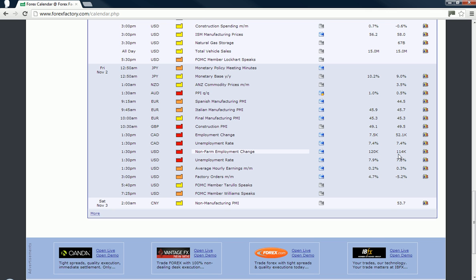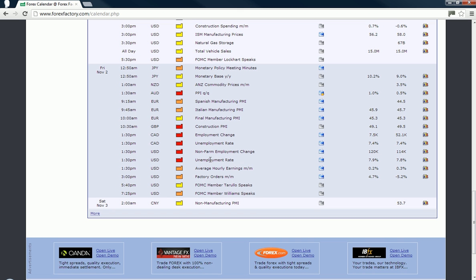And you have to remember, this is the last non-farms before the US elections, so I would expect a lot of volatility in this bit of data, because if it's a very good NFP number, then we'll expect Obama to stay in, to be honest with you. And I personally think that will be weak for markets. Markets want Romney to come in because he's more pro-business, in my opinion. So that'll be very interesting to see, as it is every month, but especially this month as it's just before the elections.